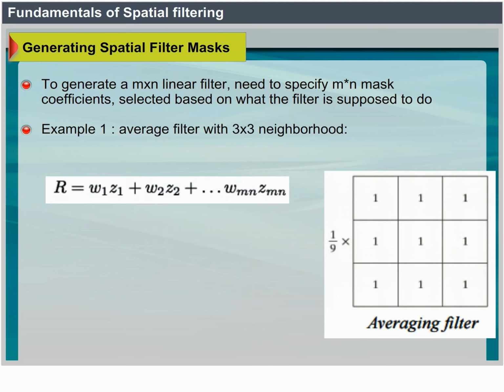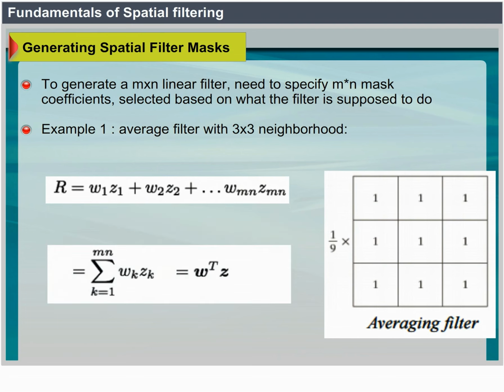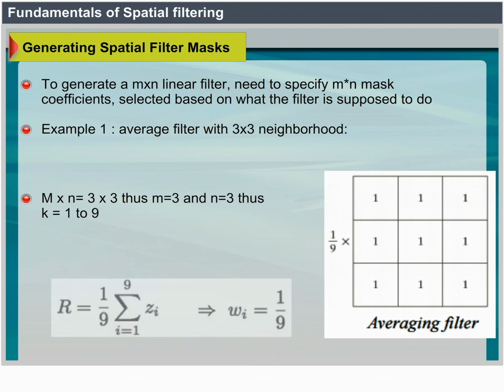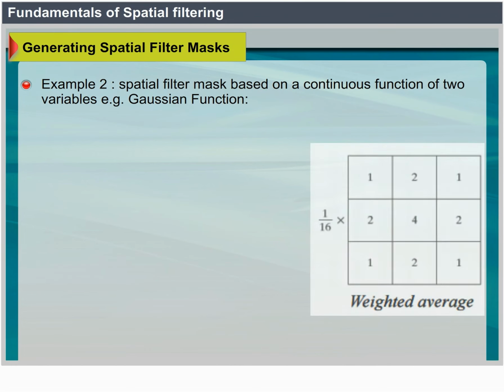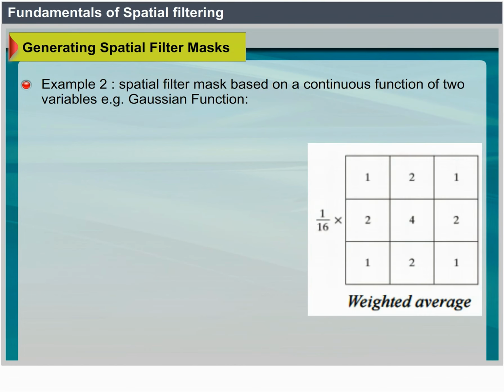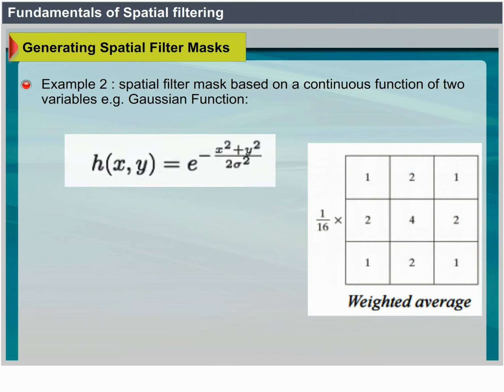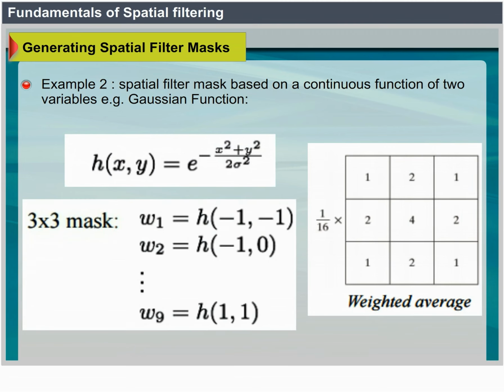Histogram processing. Histogram of an image M star N with intensity levels in 0 to L-1. Discrete function h of rk equals nk, where rk equals kth intensity value and nk represents the number of pixels with intensity rk.